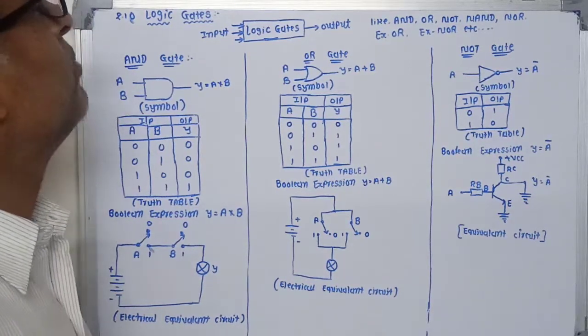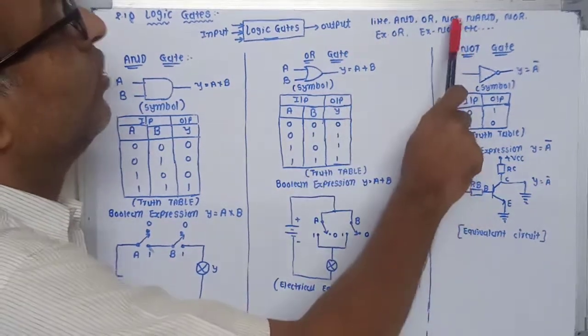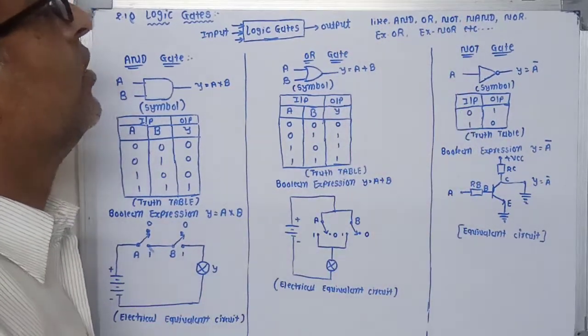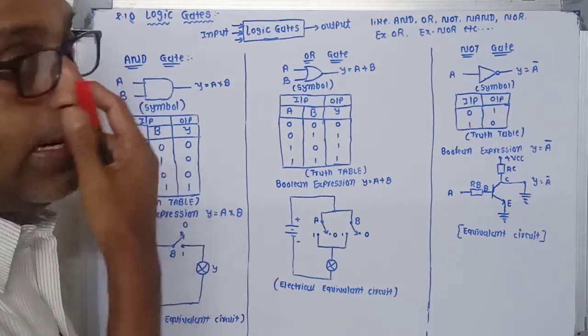There are different types of gates used, like AND gate, OR gate, NOT gate, NAND gate, NOR gate, exclusive OR gate, exclusive NOR gate, etc.